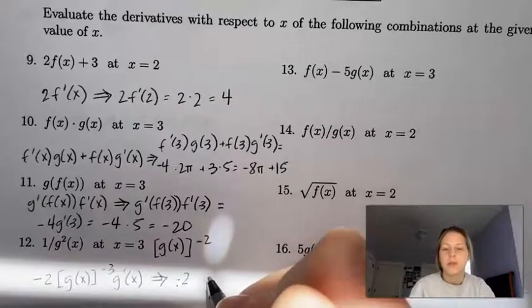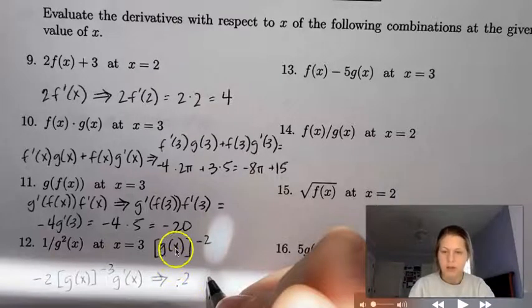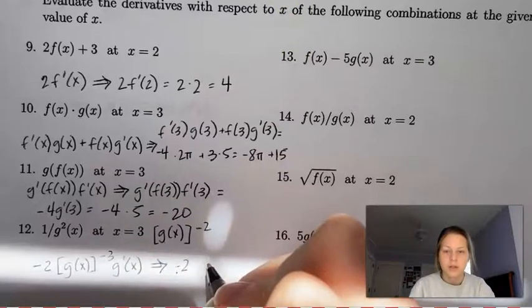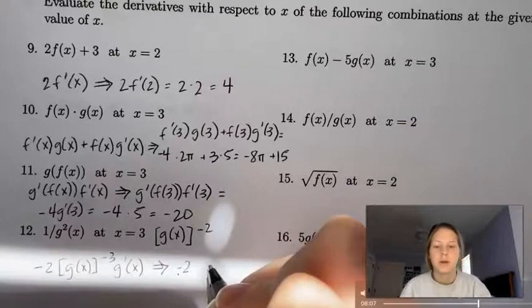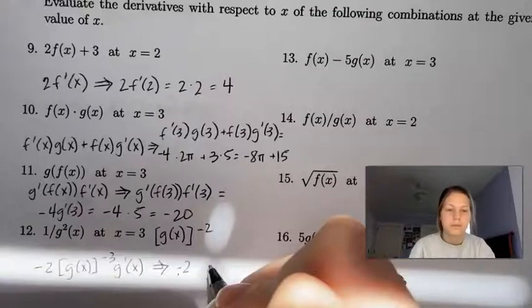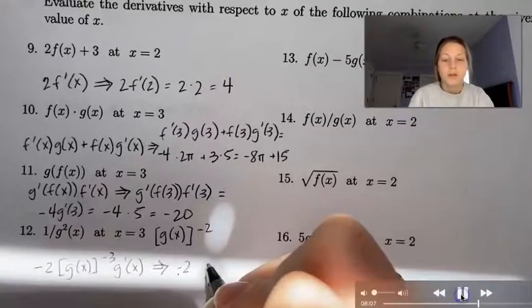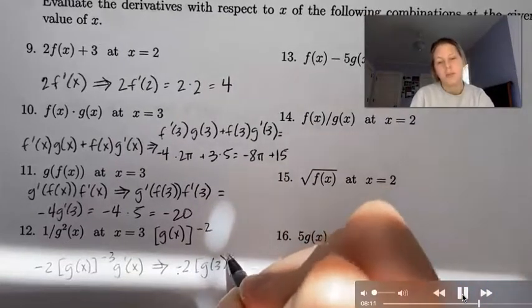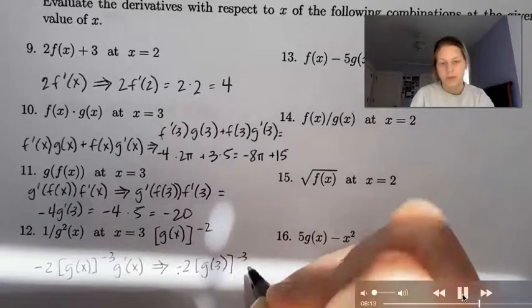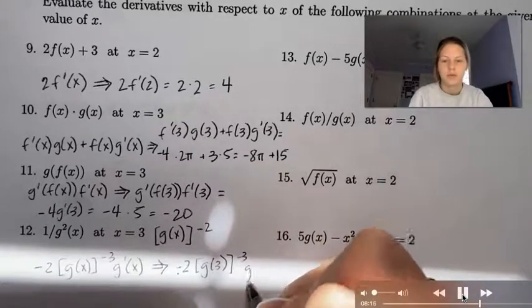And then just like we've done for the past few questions, we will plug in the 3 now into this function. Let me adjust this so we can see the whole question. When we plug in, we will get -2 times g of 3 to the -3 times g prime of 3.